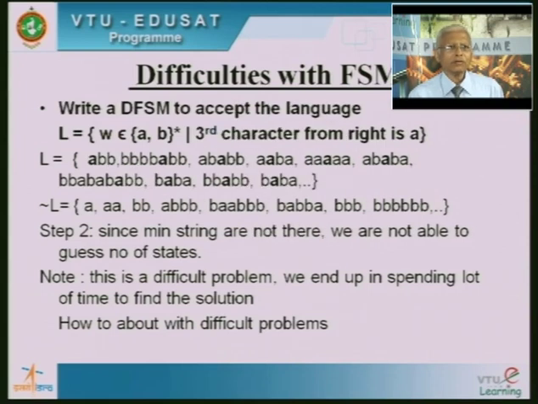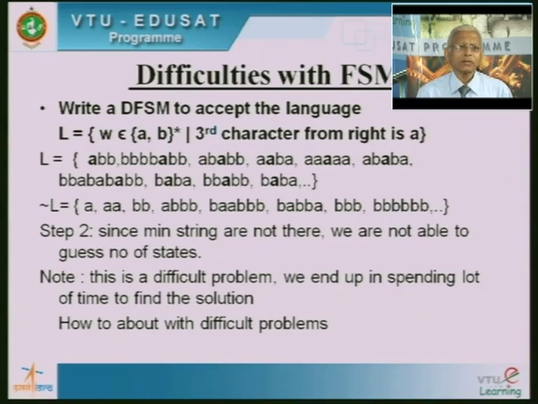The next problem we are going to take is again with the same L, W an element of {A, B} star, where the third character from the right is A. The third character can come after a very long time, so you have to understand it is from the right.